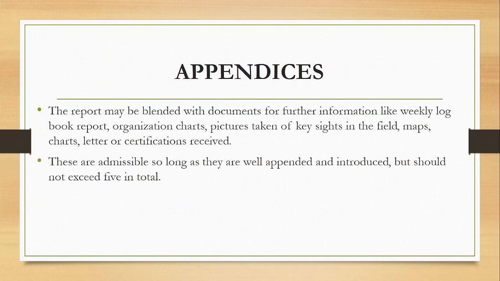Lastly, if you have some extra information in terms of pictures, maybe daily or weekly log reports, maps, charts, you can always attach them within the appendices, right? So these are admissible so long as they are well appended and introduced, but should not exceed 5 in total.